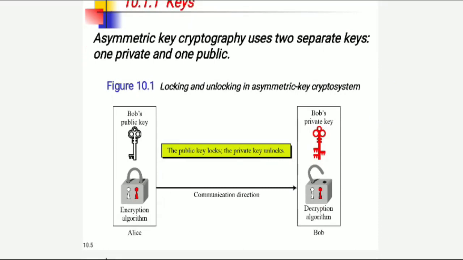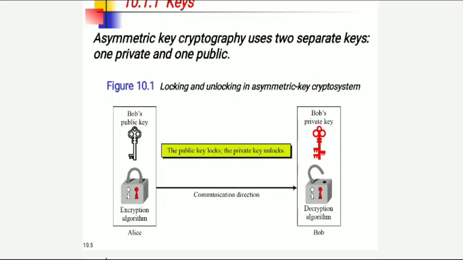Asymmetric key cryptography uses two separate keys. One is known as private key and one is known as public key. Public key is known to all and the private key is known to only the user. Let us discuss about the locking and unlocking mechanism in asymmetric key crypto system.